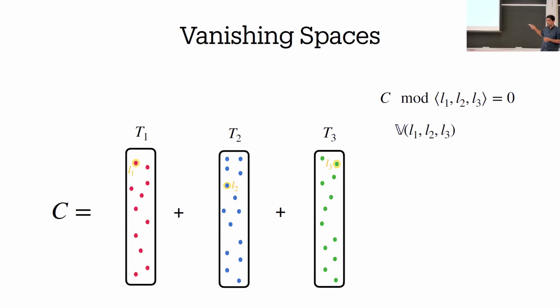Each of the terms vanishes because you have set a linear form in their product to 0. So the circuit vanishes when you mod this ideal, which basically means that on this codimension 3 space, the circuit vanishes.